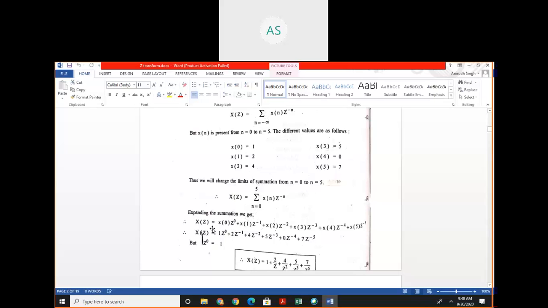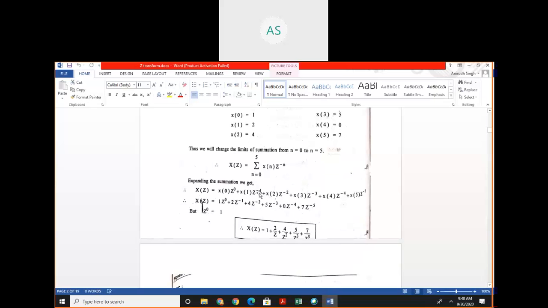So X of z is given by this formula, and if we substitute the value of n from 0 to 5, X of z is given by x of 0 multiplied by z raised to the power 0 plus x of 1, when the value of n is 1, multiplied by z raised to the power minus 1, then x of 2 multiplied by z raised to the power minus 2, and so on.